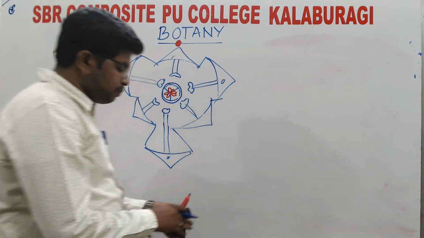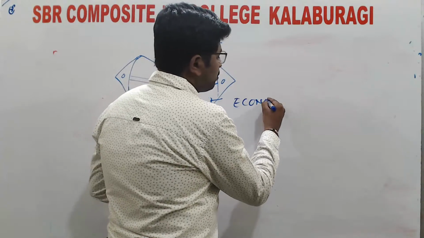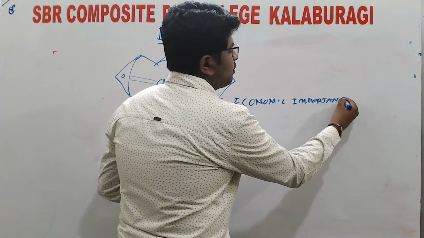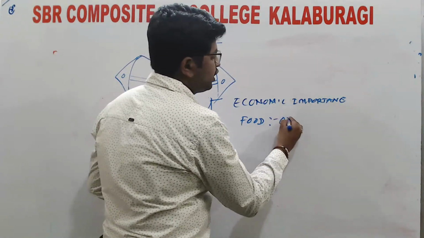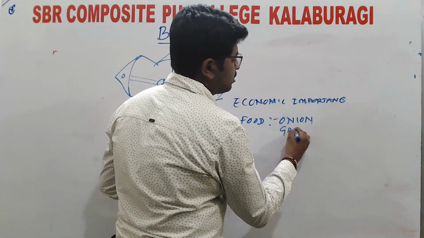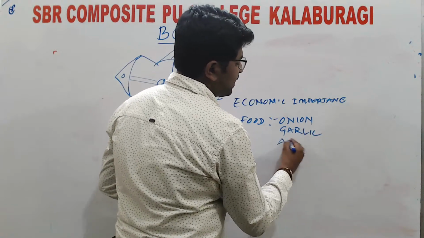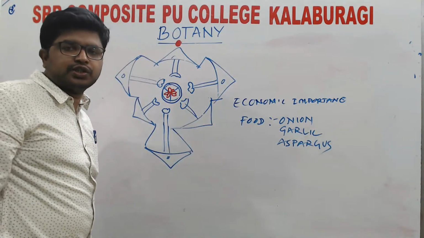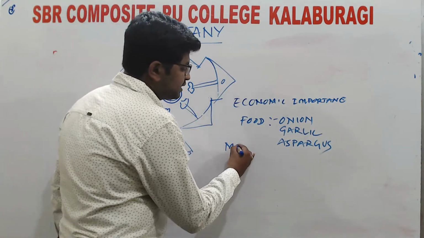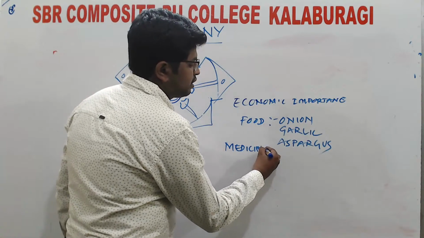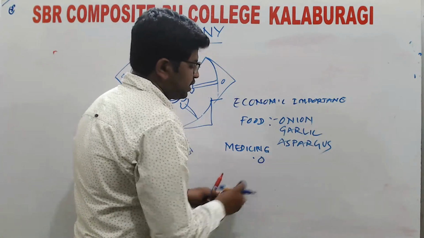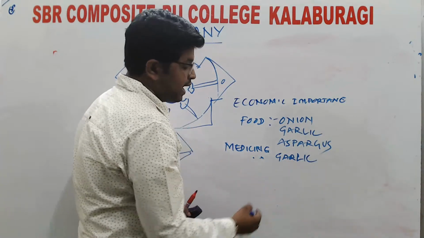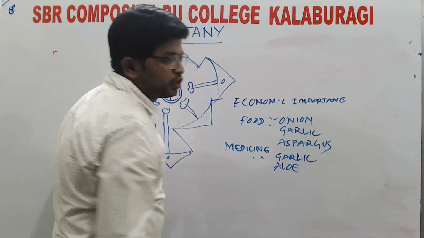The next important point is economic importance. Food: remember onion, garlic, and even asparagus, which is used as a vegetable. Medicine: garlic and aloe vera, which is used as a skin tonic.